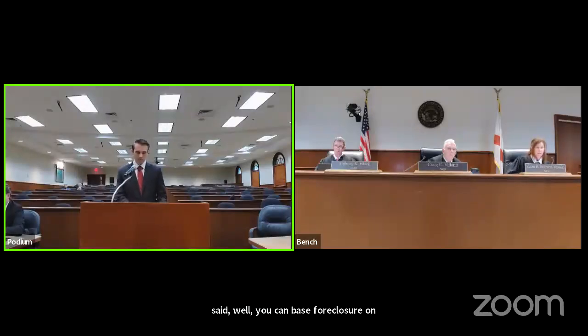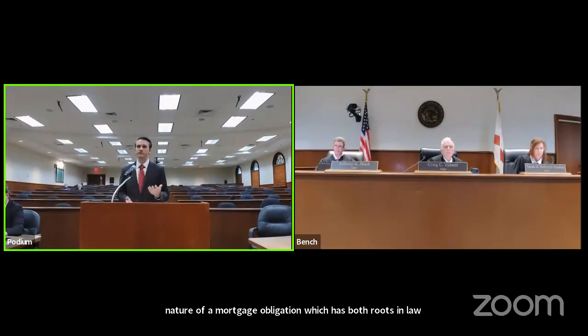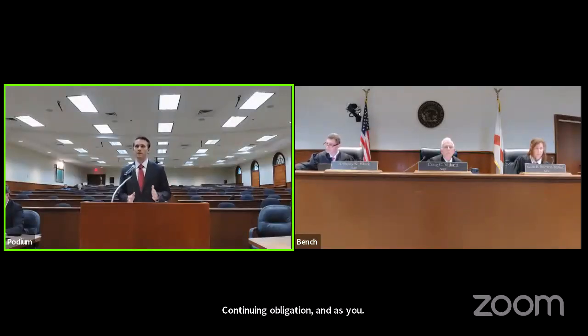Right. So, Your Honor, the case law, and this goes into the unique nature of a mortgage obligation, which has both roots in law and in equity. And the nature of a mortgage contract is a continuing obligation. And as you pointed out, there are multiple payments and there are multiple opportunities within to default.